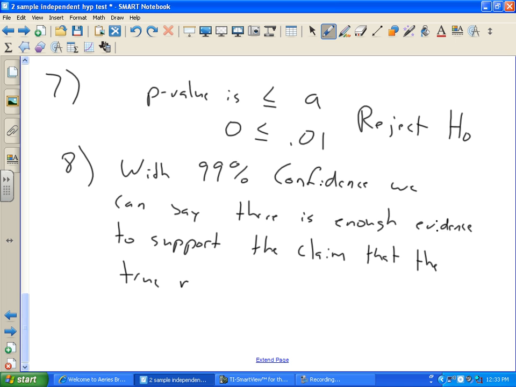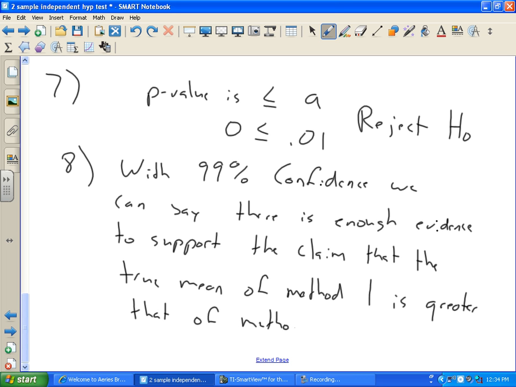True mean of method 1 is greater than that of method 2. There we go. And that's really restating our opponent hypothesis. That's better.